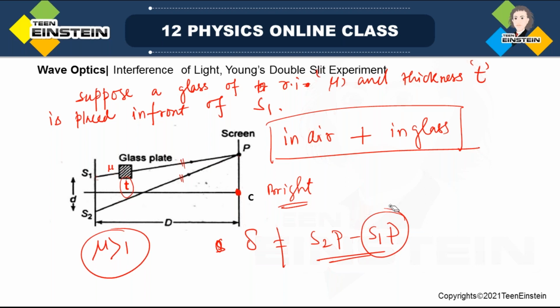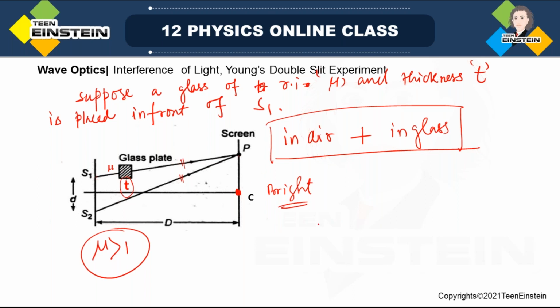So what path does this light travel, or in other words, how much extra path difference will be introduced by this glass? You have to find out.